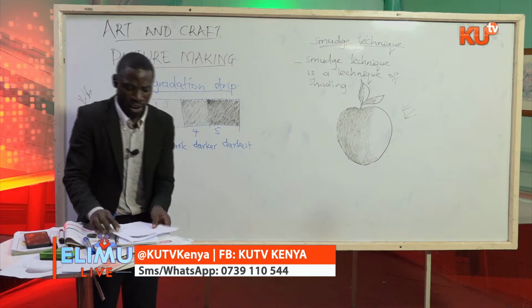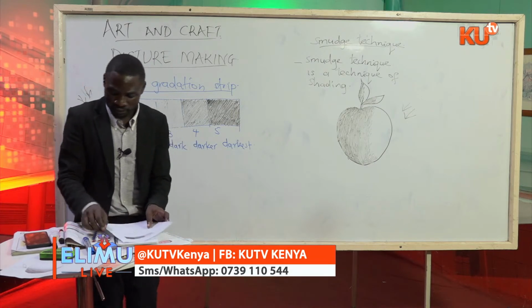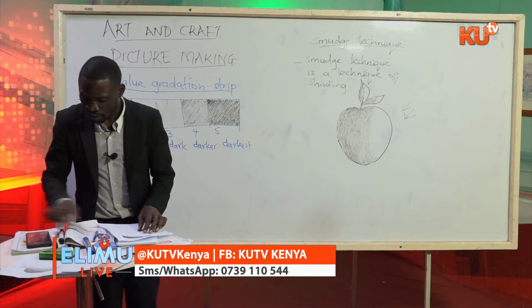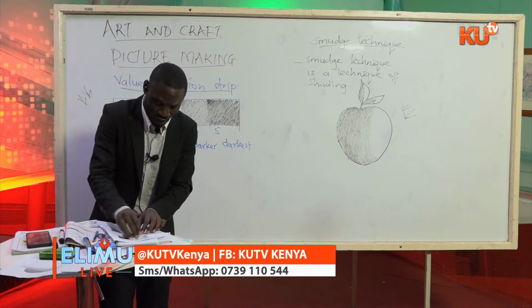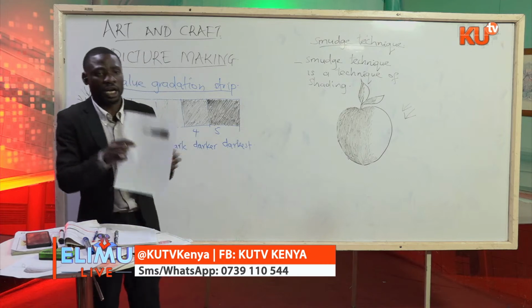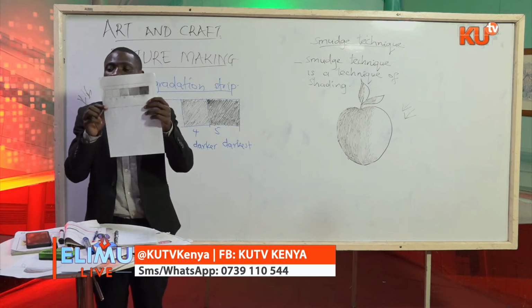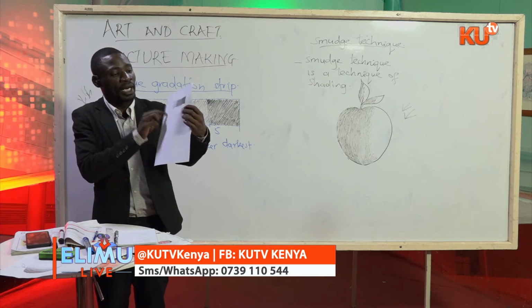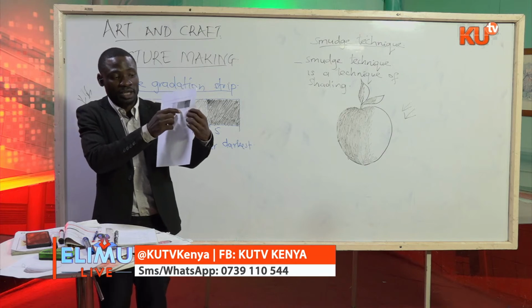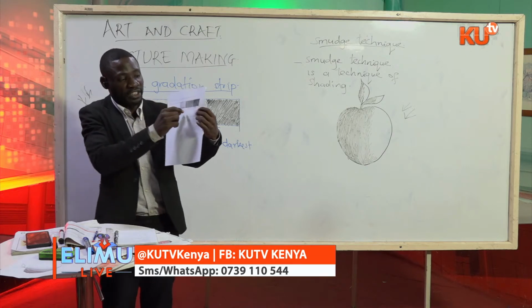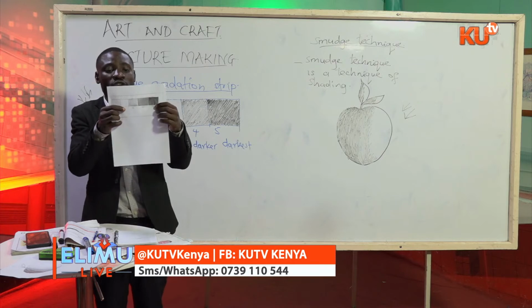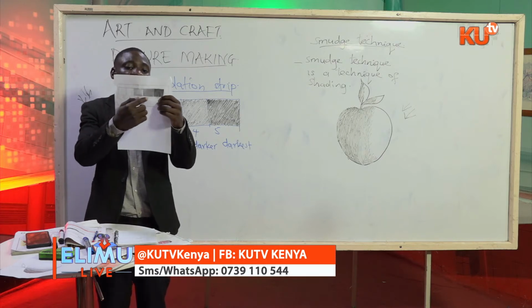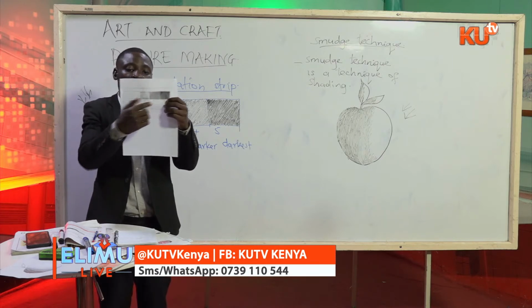Thank you. Now I want us to observe this one. The third one is lighter compared to the fourth one, and it is the lightest if you compare with these other ones, the two boxes.